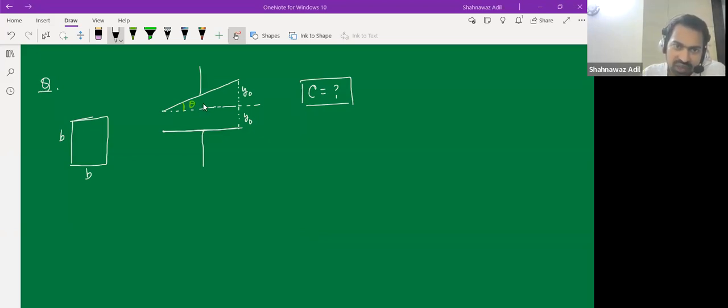What we do is that we take, let's say, at some x distance, a very small length, dx. And this distance is y. Understood? So this is x and this is y.